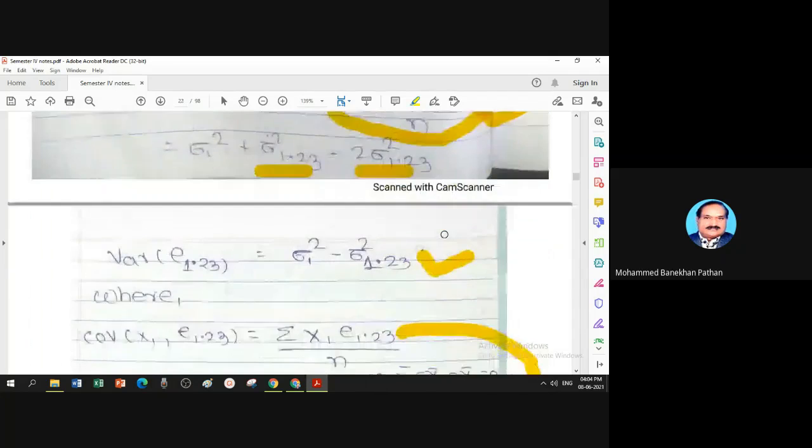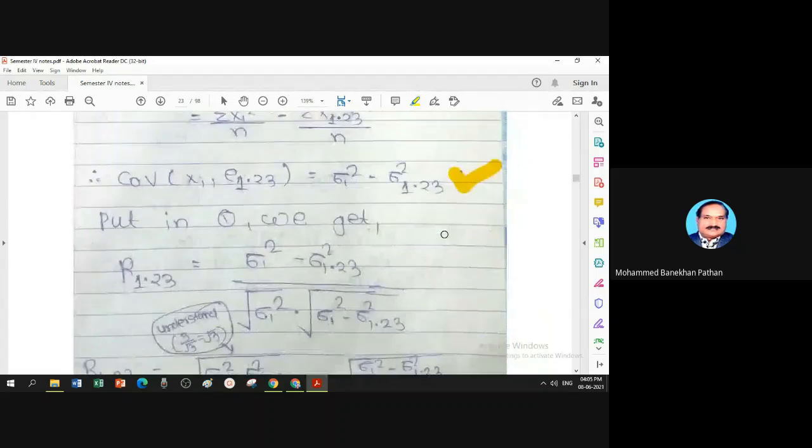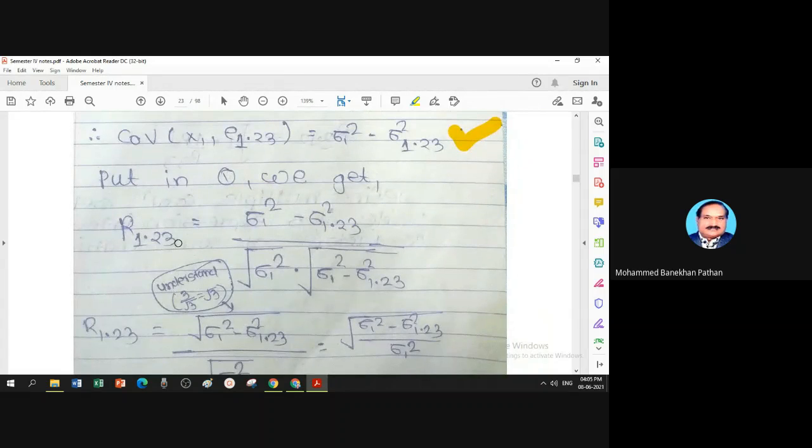See what you get finally by simplifying. So you get R1.23 equals this is the covariance, this is the root of variance of x1, this is the root of variance of E1.23. But look now, this numerator is exactly the same quantity which is inside the denominator. So this is nothing but 3 divided by root 3. Suppose this is the 3 and the same thing here, so root 3. So if you want to simplify 3 by root 3, the answer is root 3.